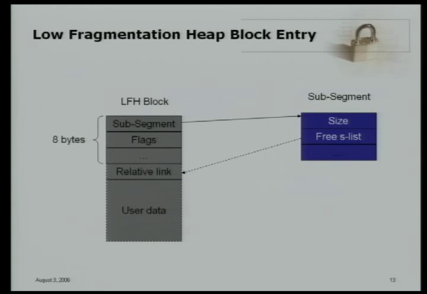Every single block in the low fragmentation heap also has an entry in front of the allocation, but the structure is different from the regular heap block. You can see there a pointer to a subsegment, which is the structure that manages the allocations and the blocks in this subsegment.